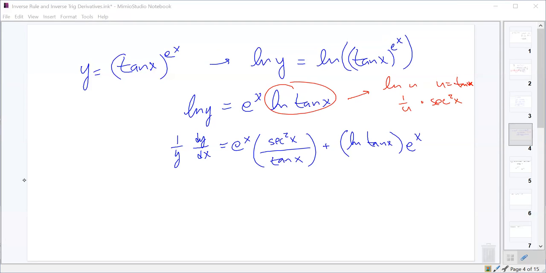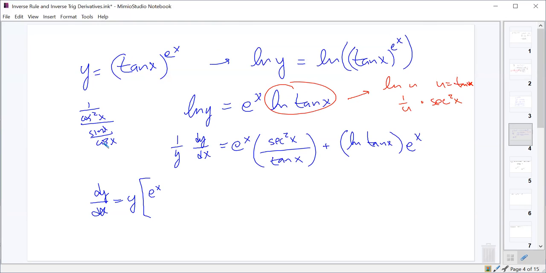All right, so now try and simplify it as much as we can here, and also we need to multiply by y. So we got dy dx equals y times all of this, which is e to the x, and then secant squared over tangent is 1 over cosine squared over sine over cosine.